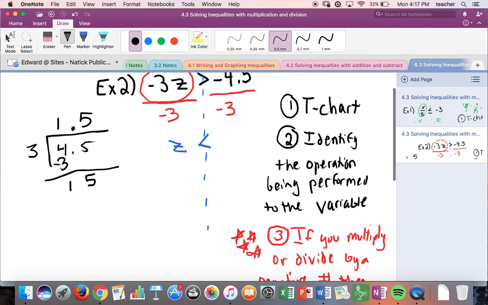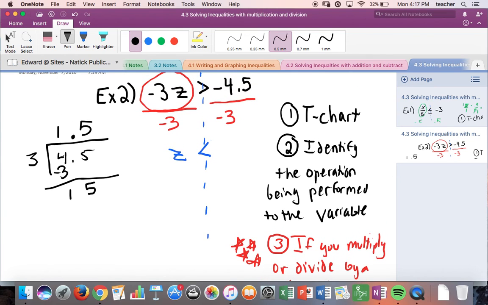So 3 can go into 4.5 1.5 times. What that tells us is that z has to be less than 1.5, and it's positive 1.5 because a negative divided by a negative is a positive number.